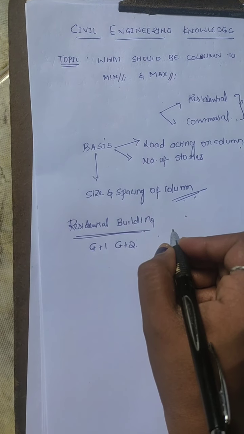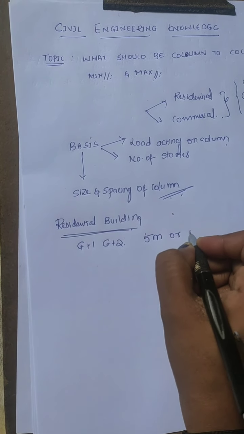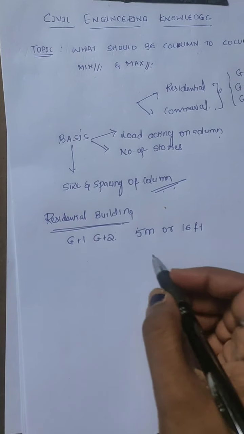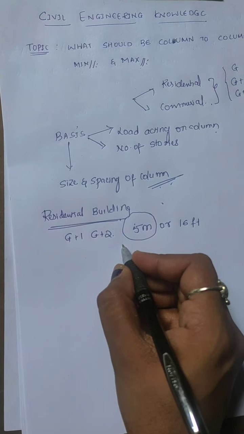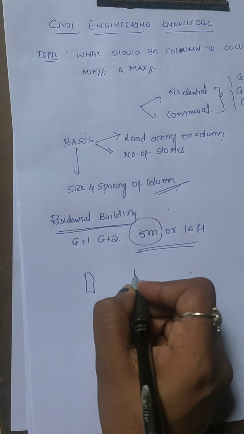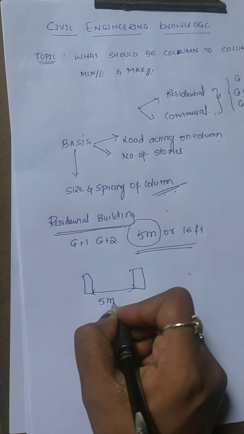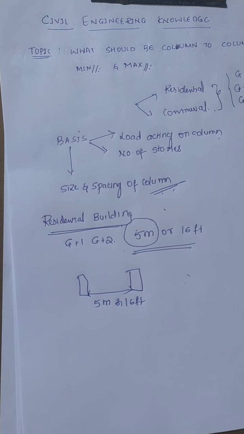The maximum should be 5 meter or 16 feet. So what in case it is greater than 5 meter? See, this should be the maximum spacing between two columns, that is 5 meter, or if we want to write in feet, it is 16 feet.